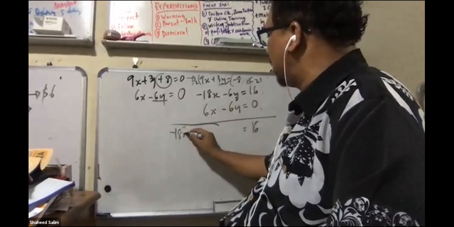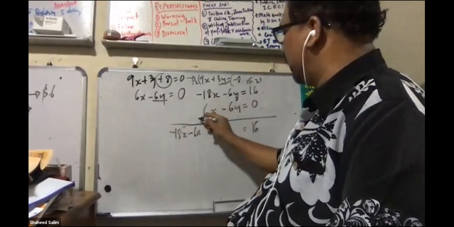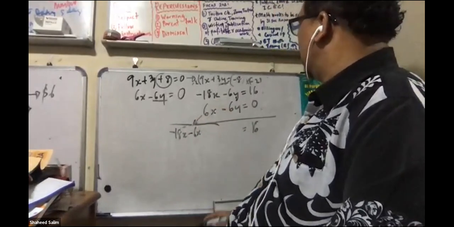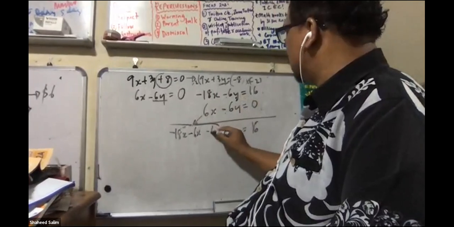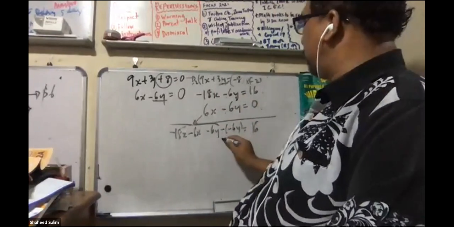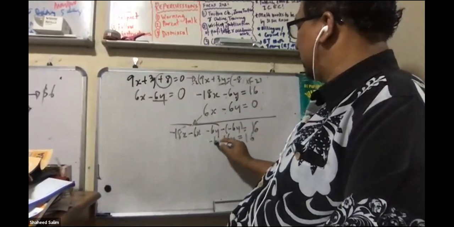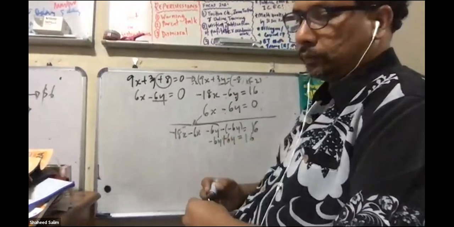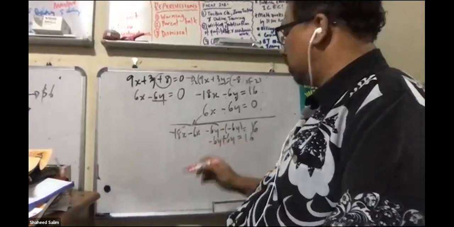Minus 18x minus 6x is one part. Now minus 6y minus 6y, this one becomes plus 6y. So it cancels out. Can you see it? No more y.